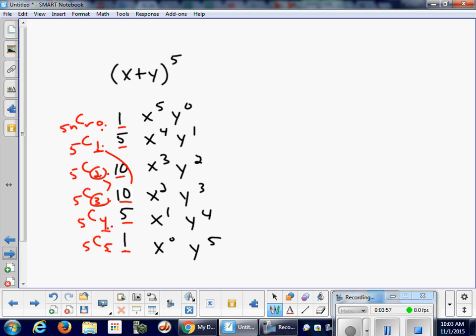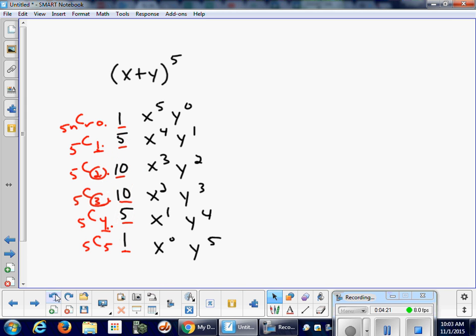What do those pairs have in common? They all add up to 5. 0 plus 5 is 5. 2 plus 3 is 5. 1 plus 4 is 5. That always works that way. So for example, 8 choose 3 will be the same as 8 choose 5 because the 3 and the 5 both add up to 8. All right, so that's one pattern we should notice.